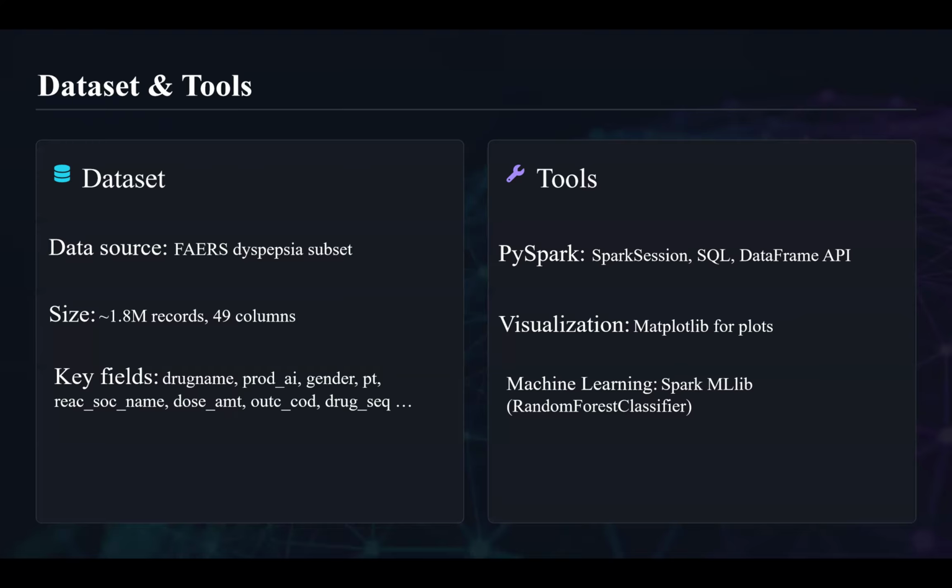And also we have dose amount, which is the drug dosage taken, and drug sequence, which is the order of drugs when multiple medications were involved. Also, we have other variables to fit the model. Because the dataset is huge, PySpark was the best tool for the job.